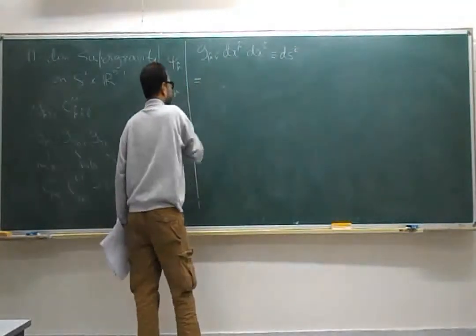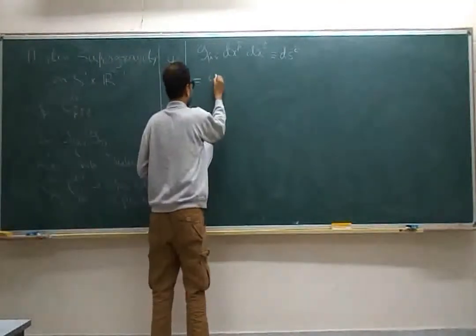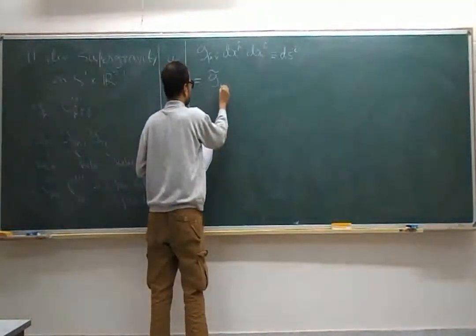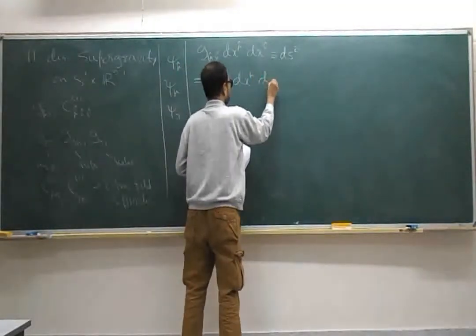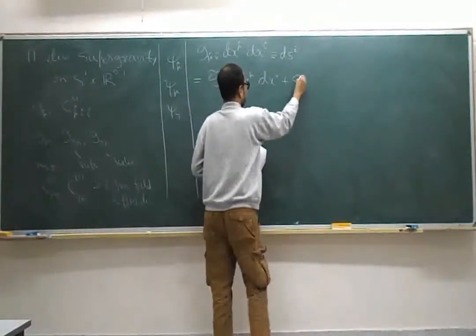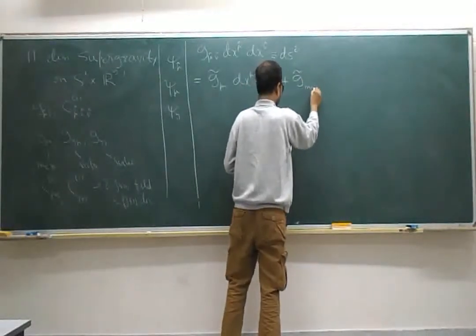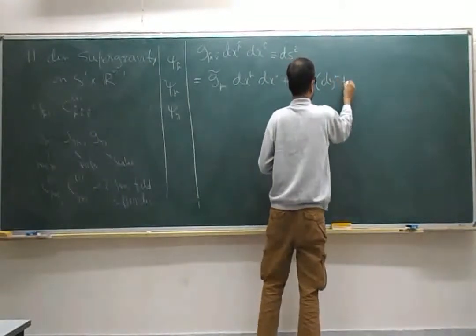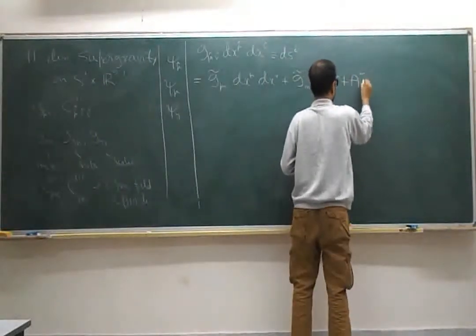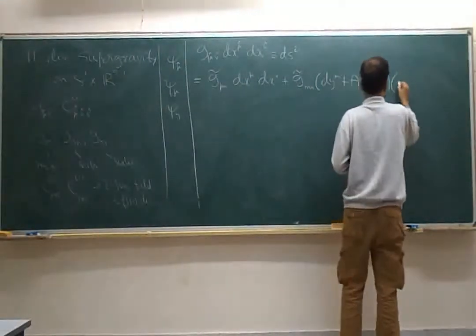And now the way we'll introduce the fields in 10 dimensions is the following. I'll write this as G tilde mu nu dx mu dx nu plus G tilde mn (dy m plus A m mu dx mu)(dy n plus A n nu dx nu).